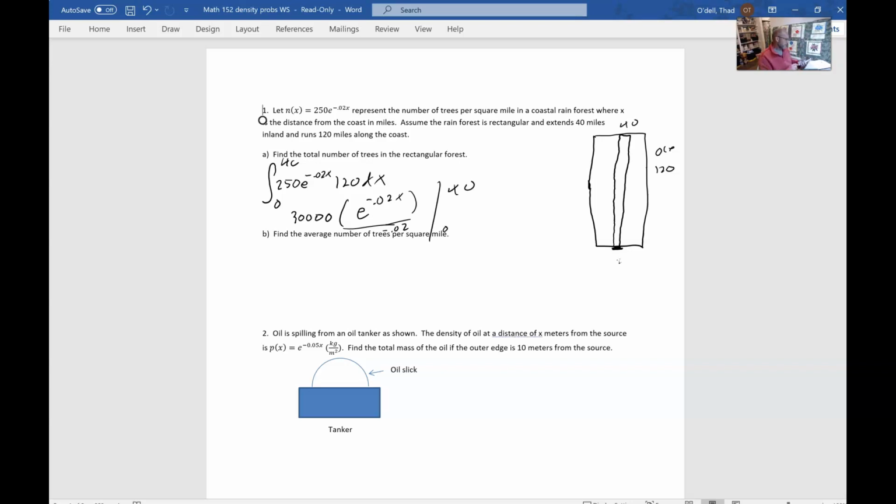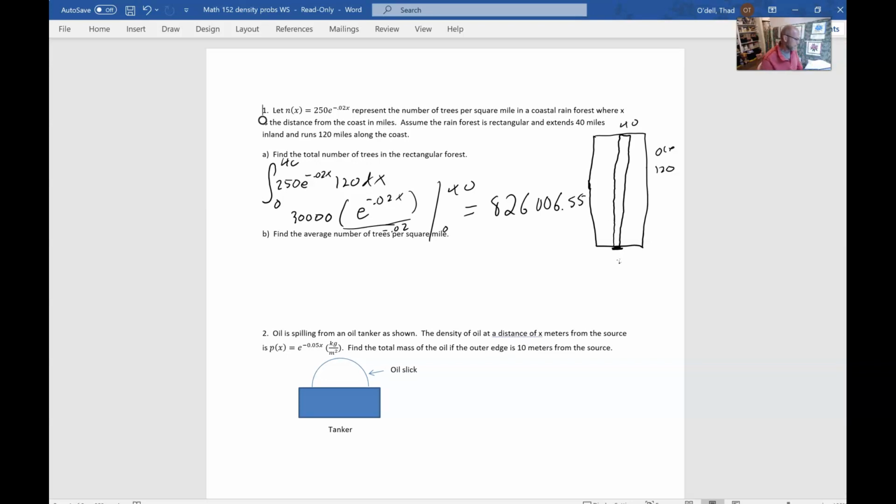And if we use the fundamental theorem of calculus part 2, we find out that we get 826,006.55.